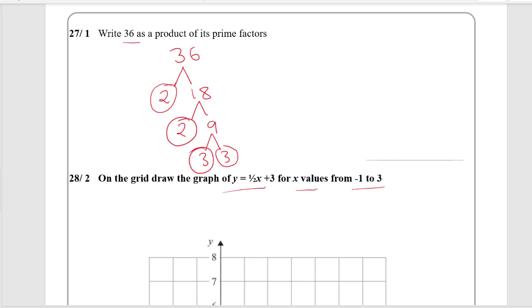We've got the numbers. So 36 can be written as 2 times 2 times 3 times 3. And it's really easy to find out what numbers I'm looking for. If you don't circle them, you might mistakenly write 9 or even 18, and that will make your answer wrong. Or you can write it as a power, so 2 squared times 3 squared. Okay.